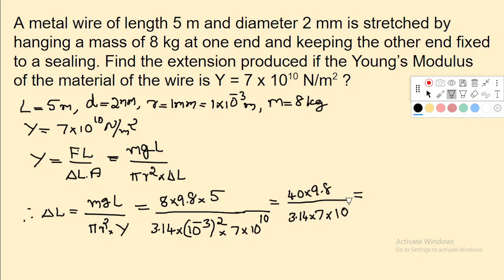So here the power becomes 10 raised to plus 4. So after the calculation, you will have the delta L is 1.7878 into 10 raised to negative 3 meter.